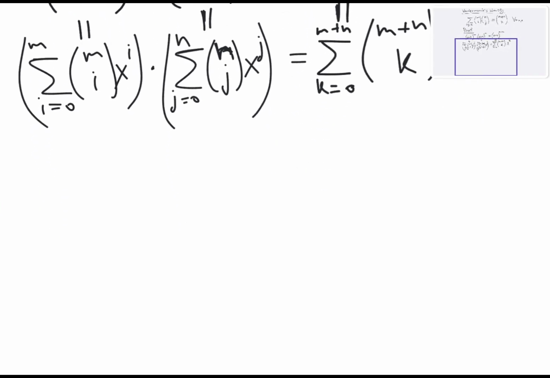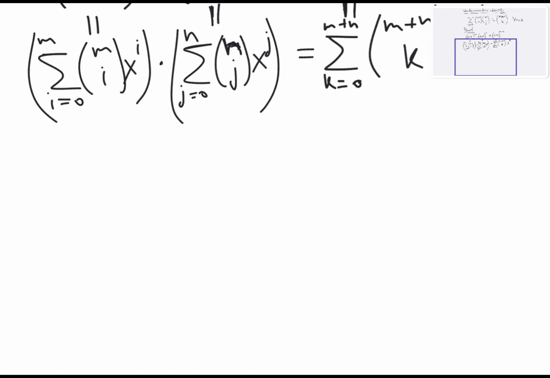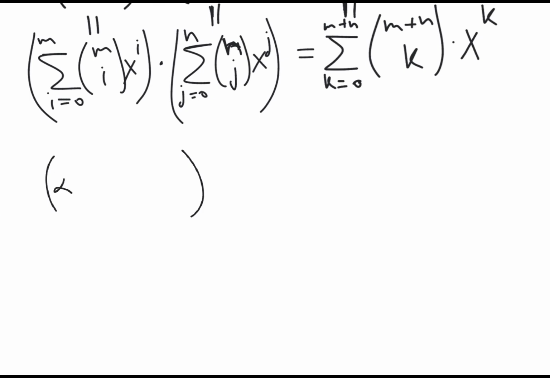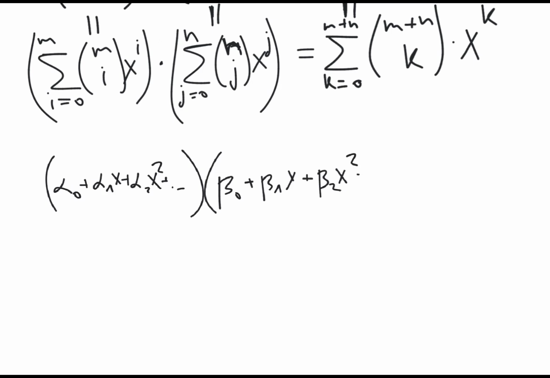So to take the product on the left hand side, these are basically the product of two polynomials. So like we have two polynomials, let's say alpha 0 plus alpha 1 x plus alpha 2 x squared plus and so on, and beta 0 plus beta 1 x plus beta 2 x squared plus and so on.